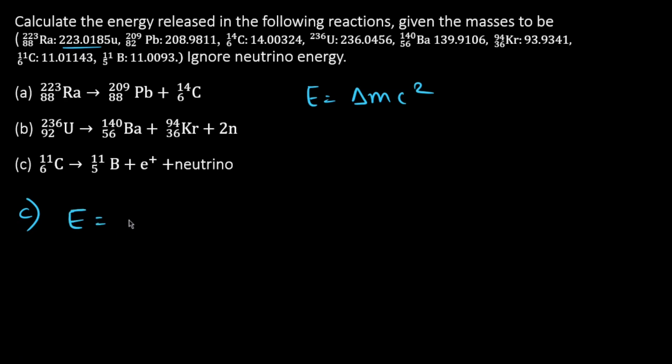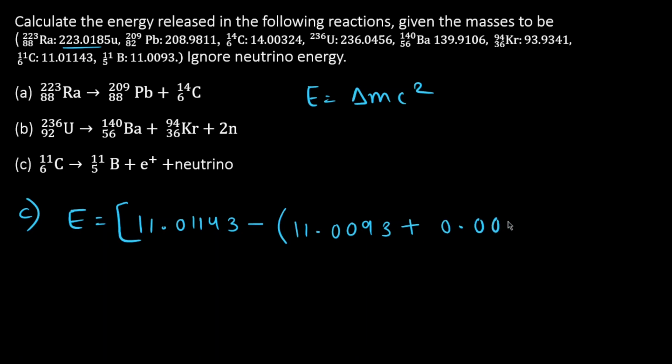So the energy is given as carbon 6, 11 is 11.01143 minus mass of boron, 11.0093, and positron has the same mass as an electron, that is plus 0.00055, into U into C square.